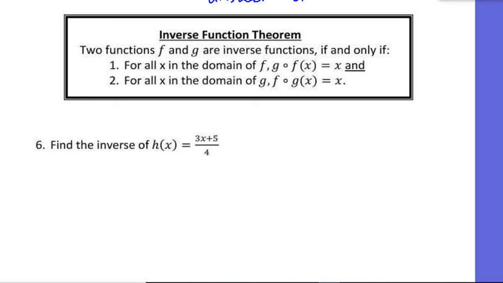Basically, if I form the composite of the function of the inverse, and the inverse of the function, and get x both times, then the two functions would be inverses of each other.